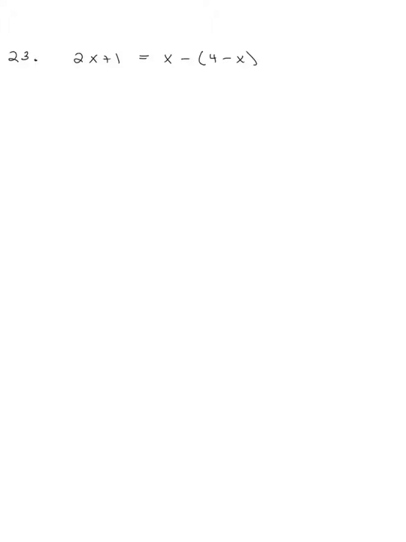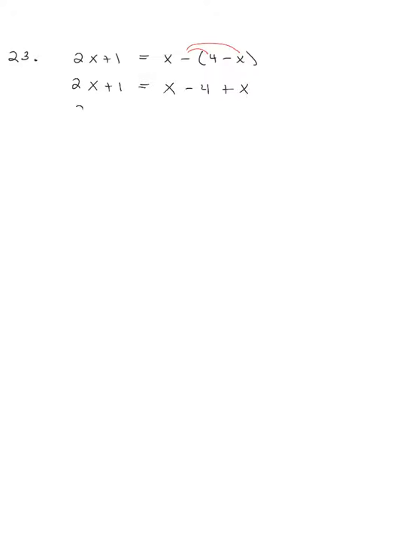In questions 23 through 28, I just wanted to show you a situation where something strange could happen when you solve an equation. So going back to solving this thing for x, I'm going to distribute the negative. We get 2x plus 1 is equal to x minus 4 plus x.